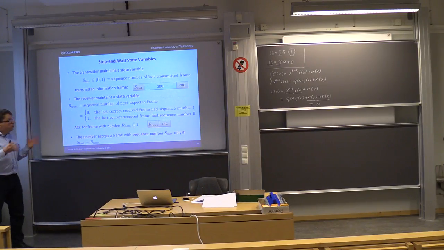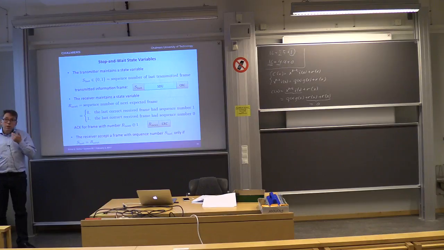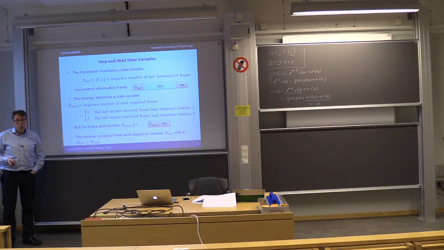So in the simplest case, we use something called stop and wait. What happens here is that I get a packet and transmit it, and I do nothing until I have it acknowledged. The transmitter then needs to maintain a state variable, which is actually just binary.